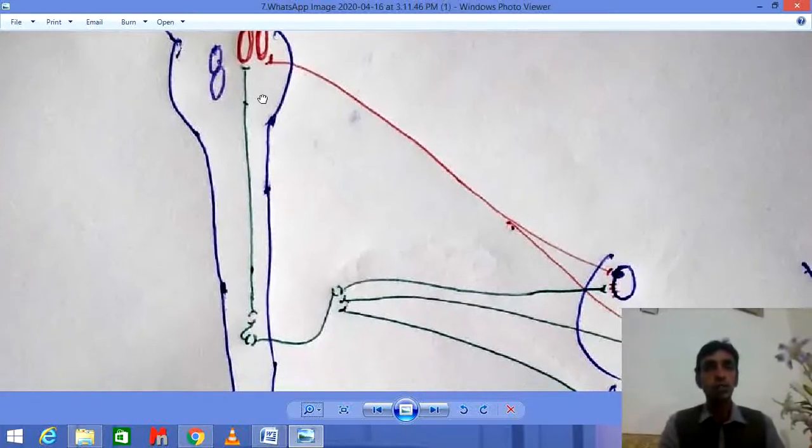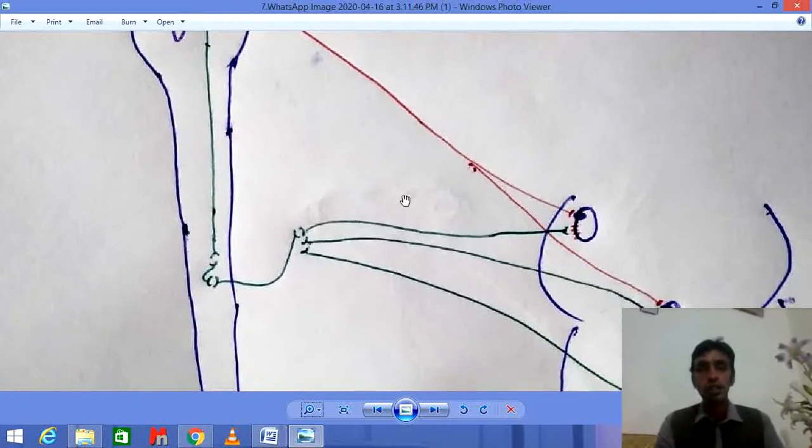This will transmit the information toward the spinal cord. And in the spinal cord, in the thoracic area, this will transmit the information toward the interneuron. And from the interneuron, this will transmit the information towards this SA node and AV node.